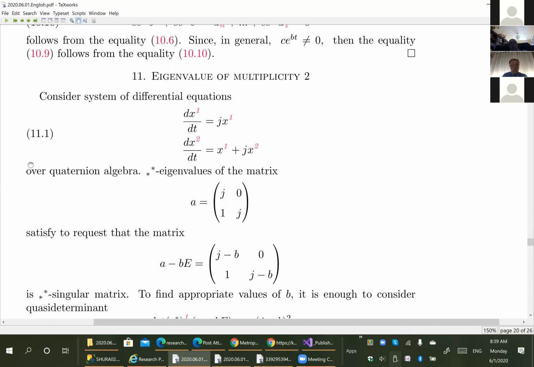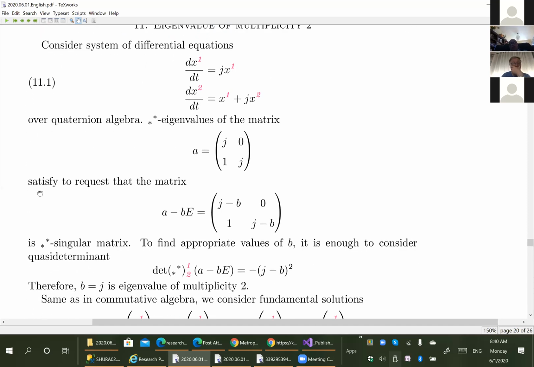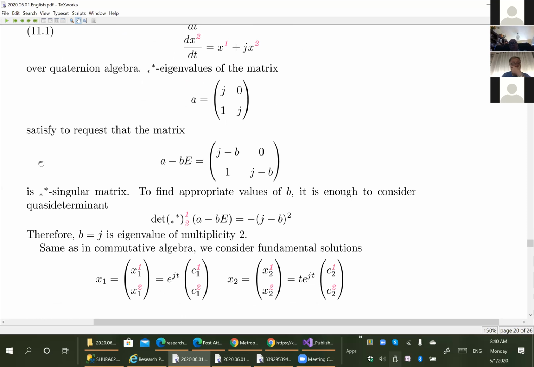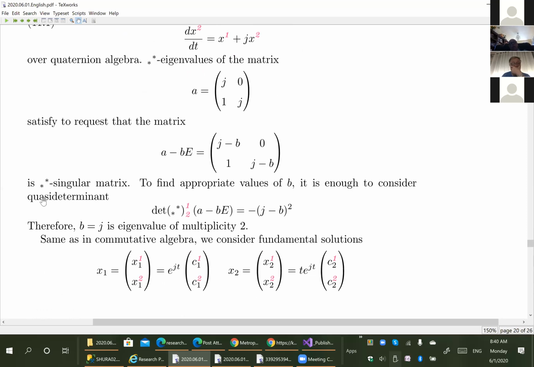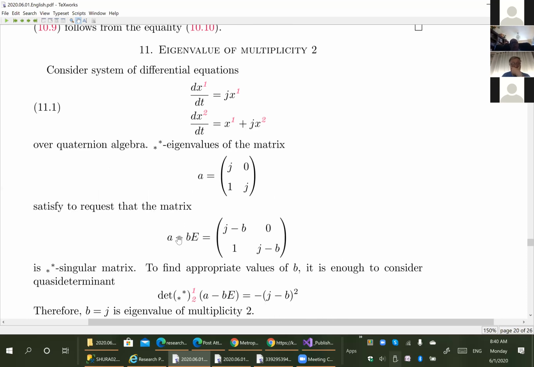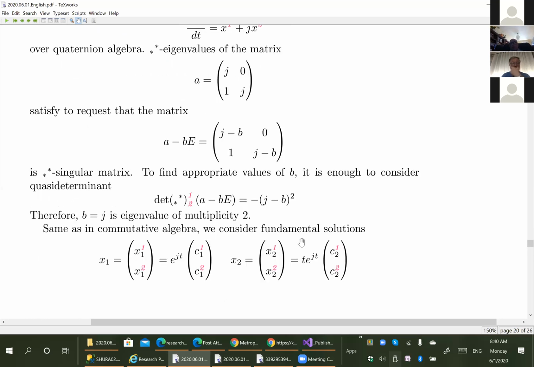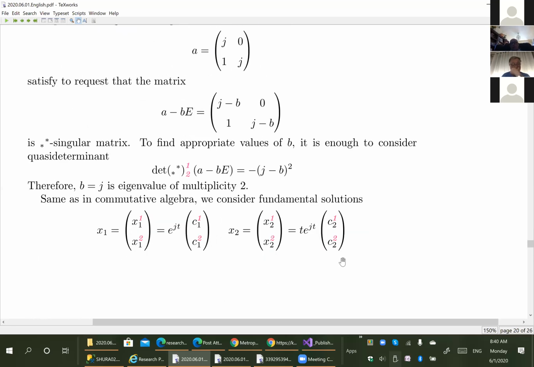And I see that I again have a very standard solution in the form x1 equals exponent times any constant, or t times exponent times any constant. For me, it doesn't matter where I write t, because t is a real value, and it commutes with any quaternion.